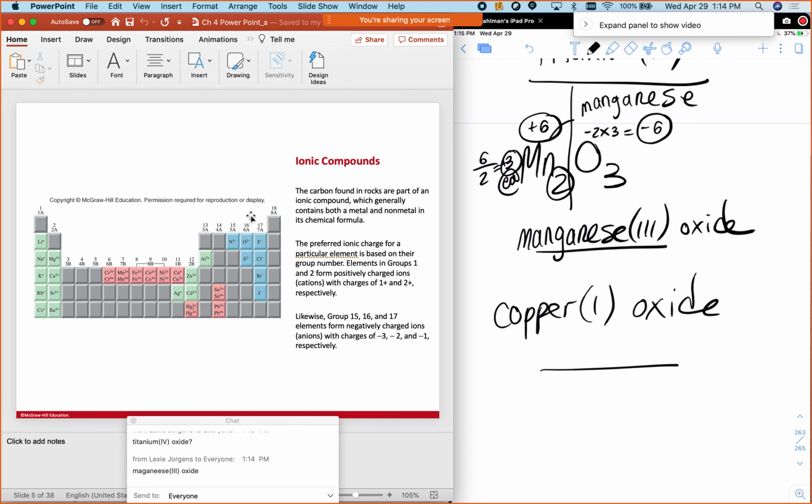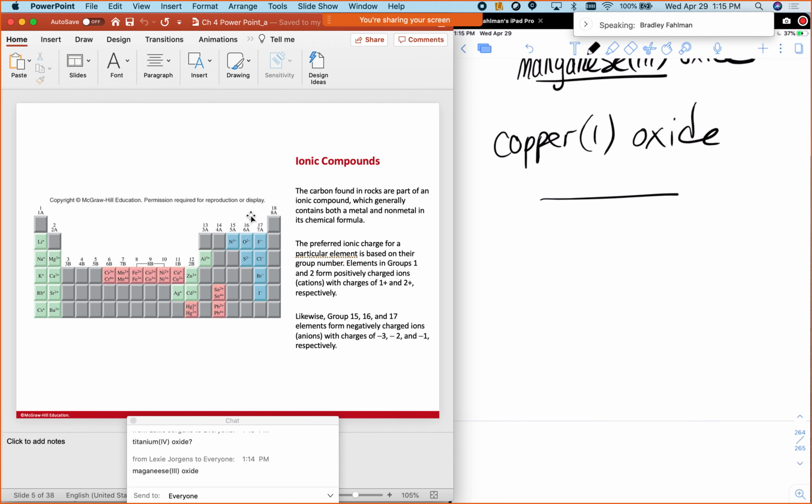All right. And then the last one here is going kind of the other way around. Now this is definitely much easier, I think, to go to the formula. So copper 1 oxide. So Cu2O.